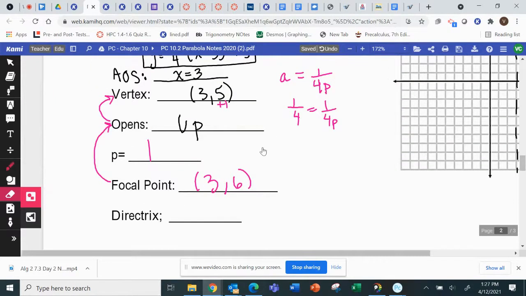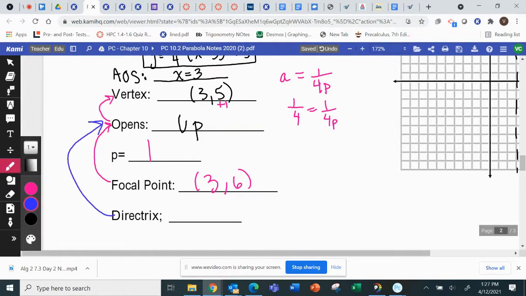So instead of up, we're going to do the opposite of up. And then it's also going to affect the vertex, but it's a line. So since we're going down 1, that's going to affect my y value again, and I'm going to get 4.